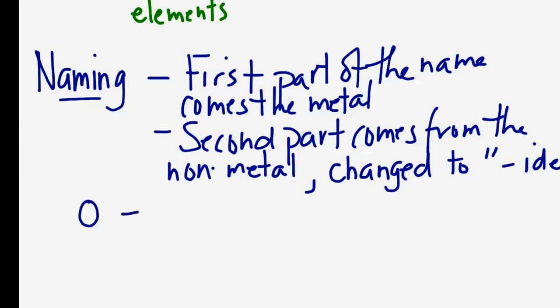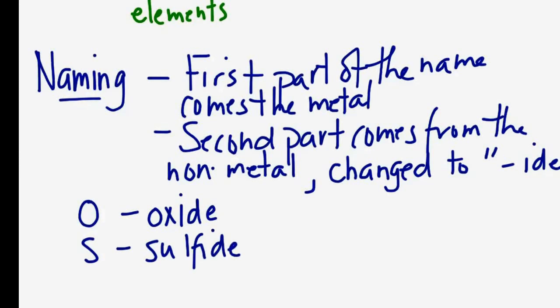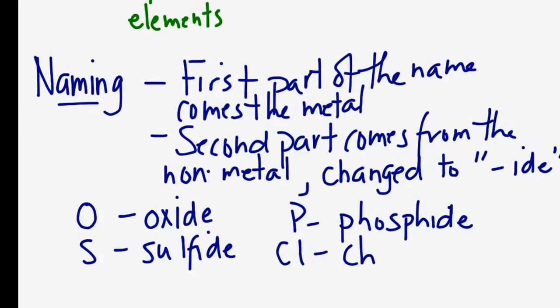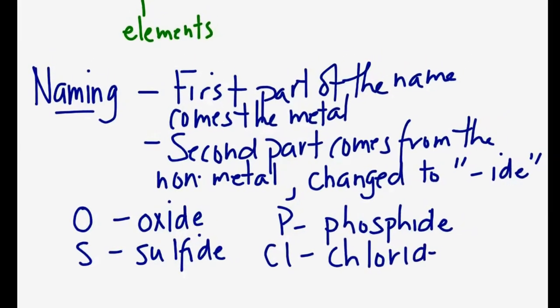So oxygen becomes oxide, sulfur becomes sulfide, phosphorus becomes phosphide, chlorine becomes chloride, and so on.